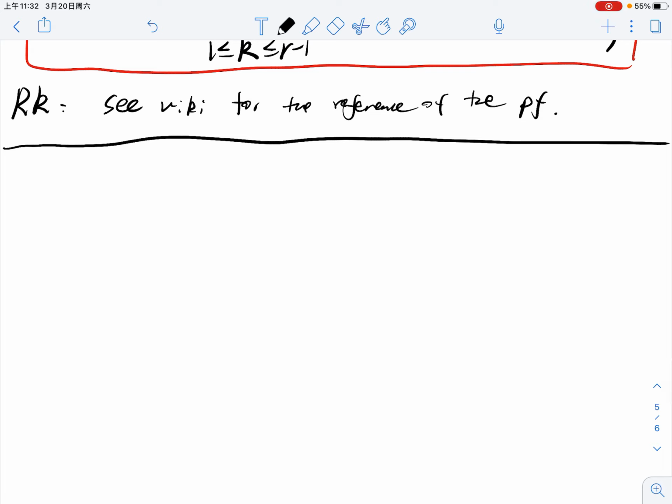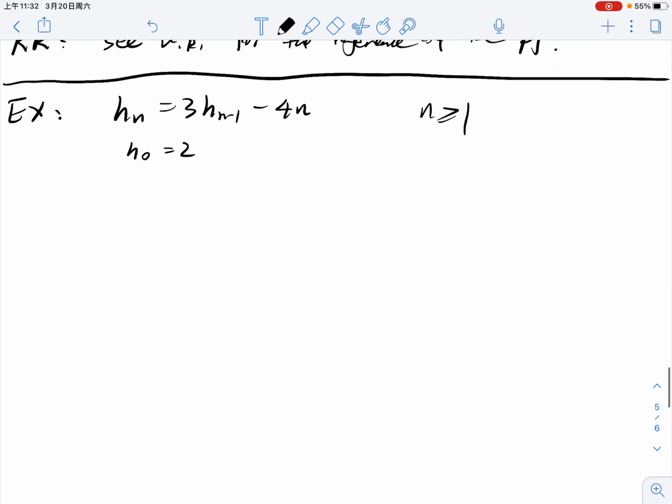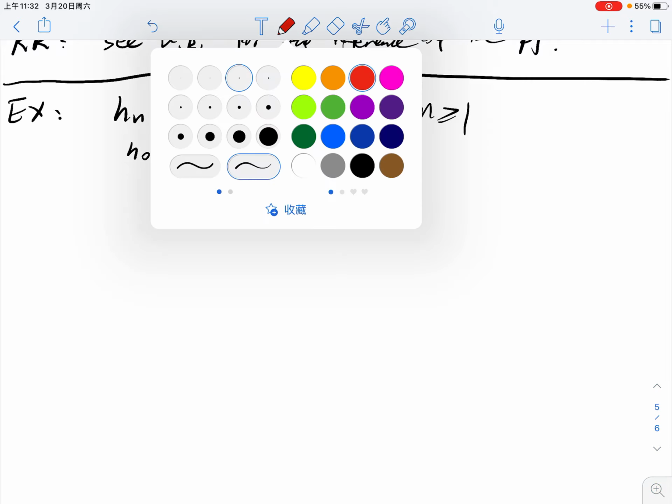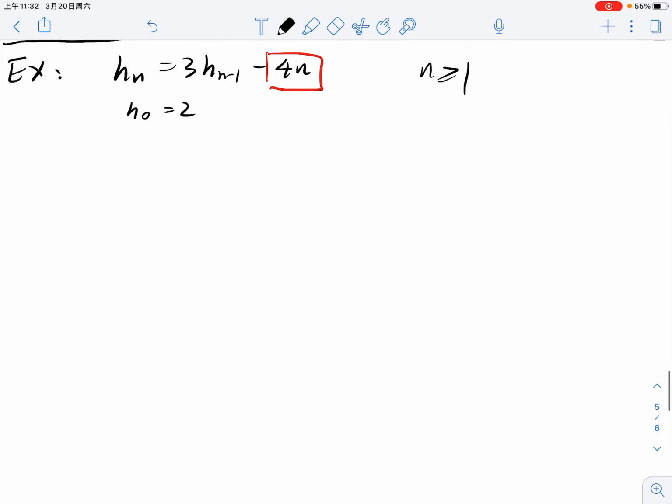Okay, so probably it's also a good idea to do some reading report on this topic. And now let's look at a more complicated non-homogeneous relation. So here, instead of some constant, you have some linear function.